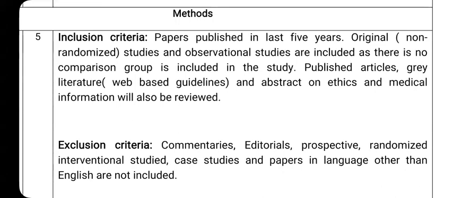Original article studies and observational studies are included. Also, the systematic reviews I missed previously. Systematic reviews will also be included in my inclusion criteria. So all published grey literature, which includes web-based guidelines, would be included, and abstracts on ethics and medical information will also be reviewed.